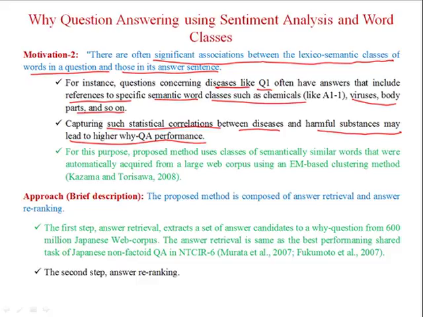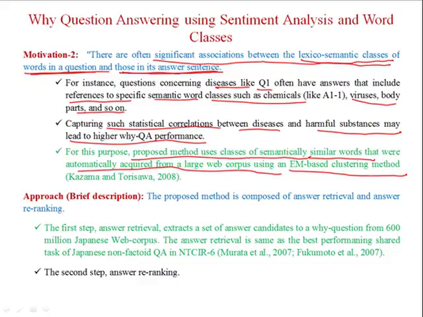For this purpose, the proposed method uses classes of semantically similar words that were automatically acquired from a large web corpus with EM based clustering methods. So the second motivation is based on capturing semantically related information: lexicosemantic classes of words in the questions and those in the answer sentence.